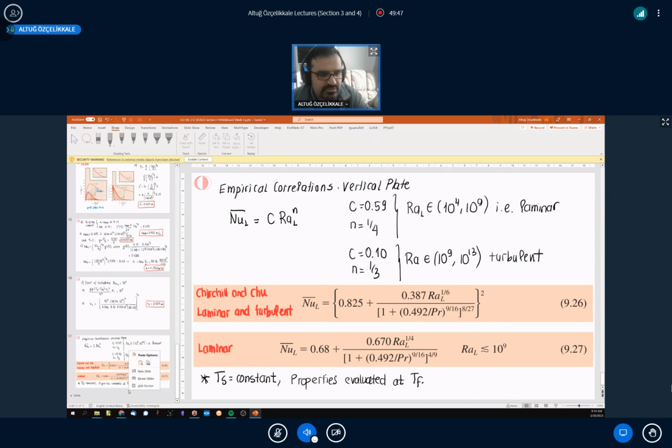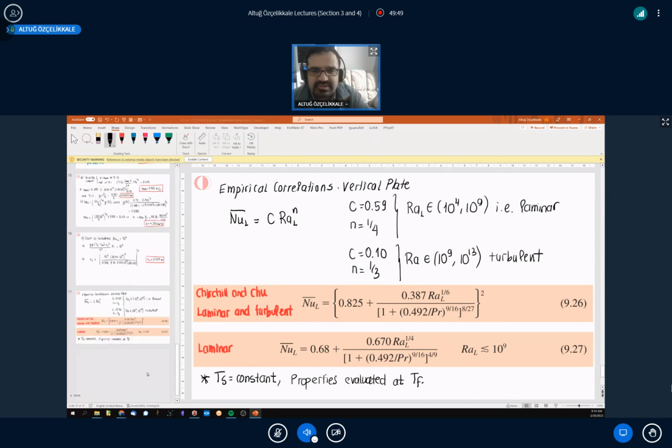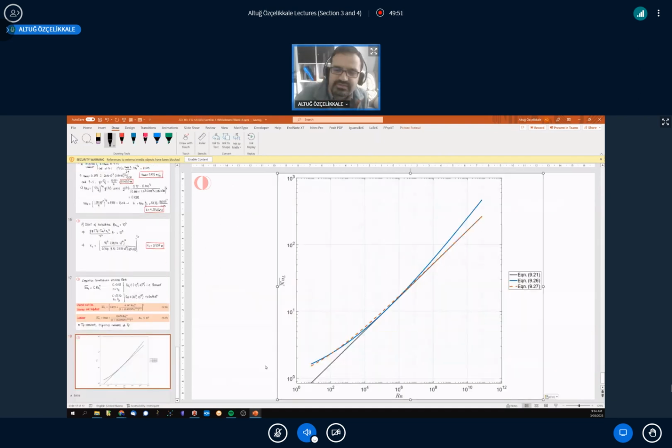That's not in your textbook. I actually plotted these correlations to comment on various things. So you can see over here that equation 9.21 is the similarity solution. It's the gray solid line, and the two equations we introduced are the blue and dashed orange lines.